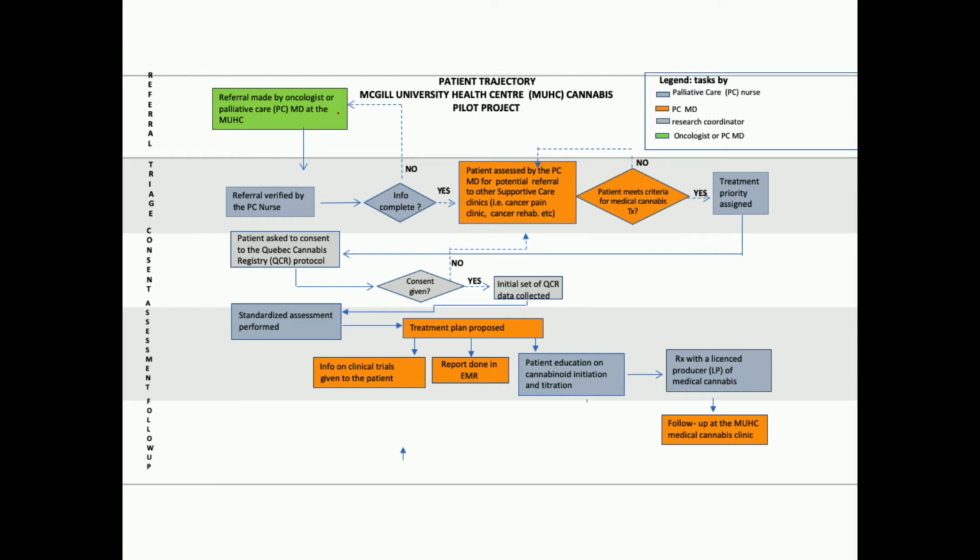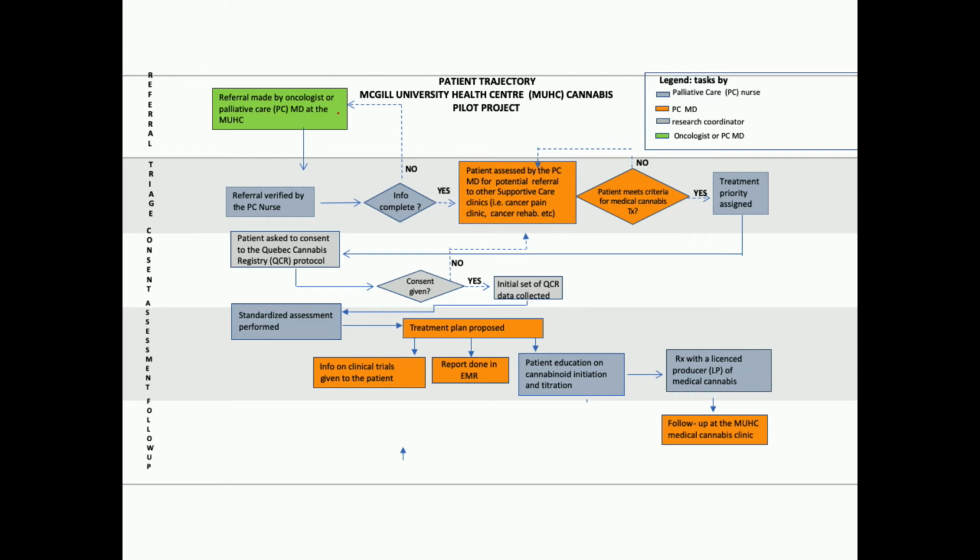We had to have first an optimal palliative and supportive care provision given to the patient. When, despite this, the patient was still symptomatic or suboptimally controlled, then the patient was referred to the medical cannabis clinic, if the patient was eligible.